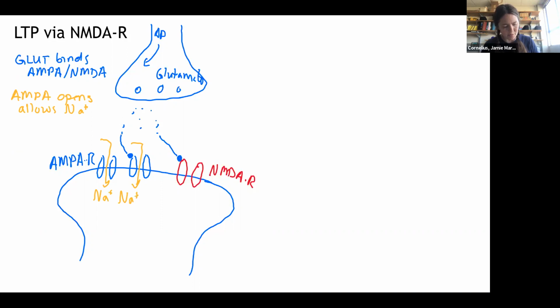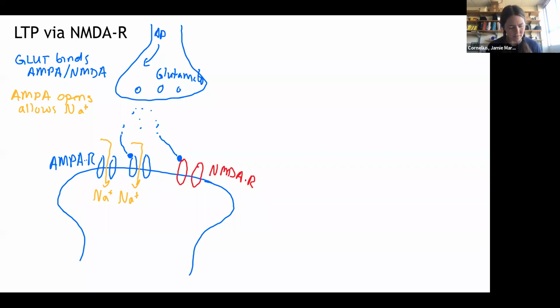And sodium is going to flow into the cell. Now what happens next is dependent on how much glutamate is present, how much AMPA is in the membrane. But basically, if you have only a few AMPA receptors, then maybe there's not enough sodium that enters.